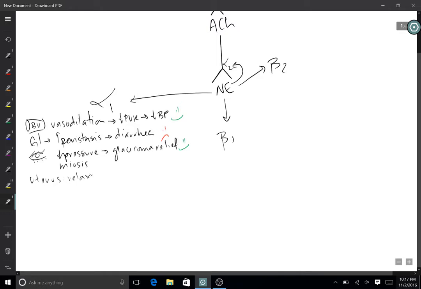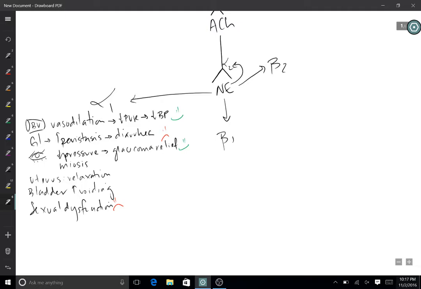Usually not much of an issue, except in late pregnancy. The bladder, you'll get an increase in voiding. And alpha-1 inhibitors are really known for their sexual dysfunction. Where, again, usually that's considered to be an adverse effect.